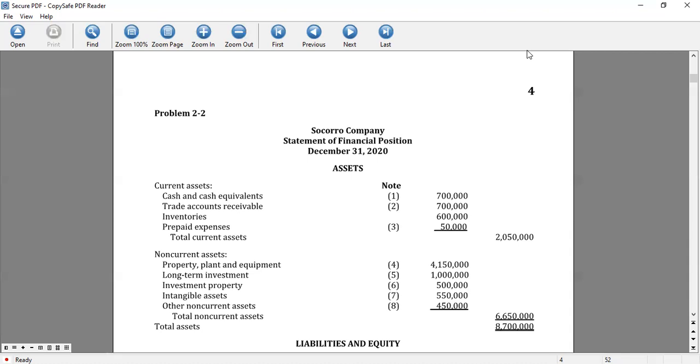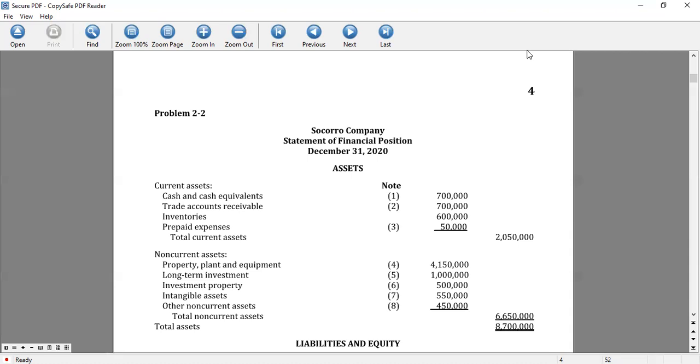Now for the current liabilities of 1 million and the breakdown: accounts payable, notes payable due December 31, 2021, income tax payable, and share premium of 250,000, with the total current liabilities as provided of 1 million.